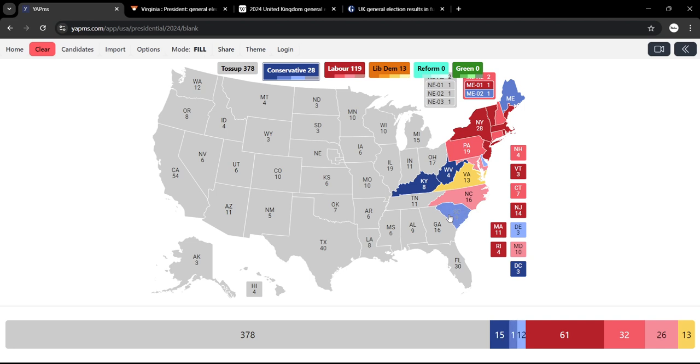Probably a lean Conservative, but Reform would be up there in a smaller state as well. Georgia would probably, this would be where Lib Dems and Labour start to come into it, but probably Conservative would take Georgia, even with the black vote.